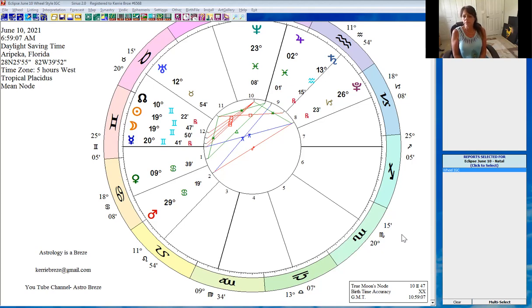Maybe there's some Gemini involved. Maybe the Mars is in Gemini, or the sun is in Gemini, which I'm thinking of lungs. So maybe that person might be born with asthma or bronchitis. But then as they get older, that sun progresses away from Pluto or away from Mars, or that inflammation or that irritation, and they don't have that anymore.